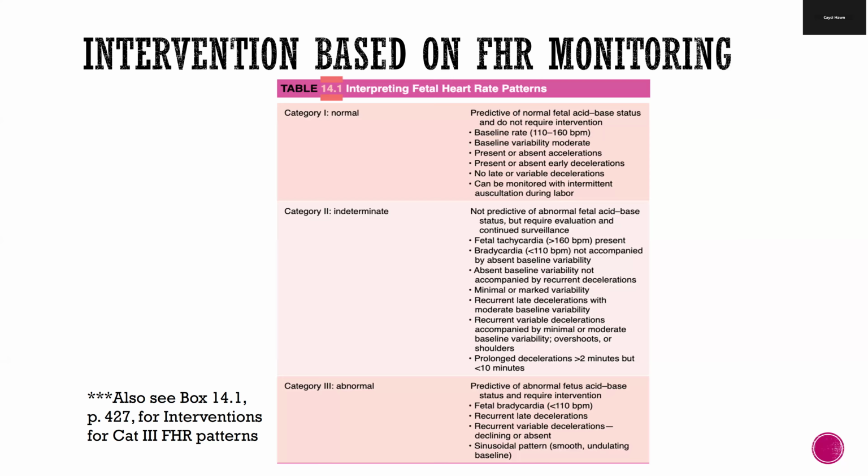But when we look at category 3, it is abnormal. Category 3 lets us know that it's an absolute predictor of abnormal fetal acid base status, and we have to perform interventions. So these are our recurrent variable decelerations with declining or absent variability, recurrent late decelerations, fetal bradycardia, sinusoidal pattern, that smooth undulating baseline, that requires immediate intervention.